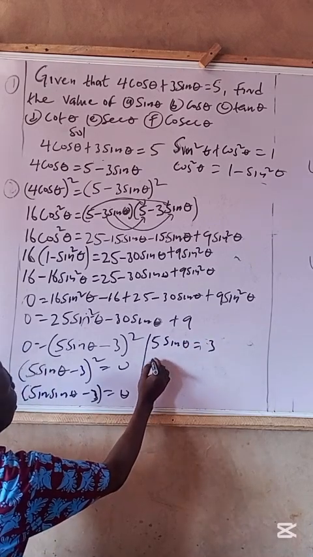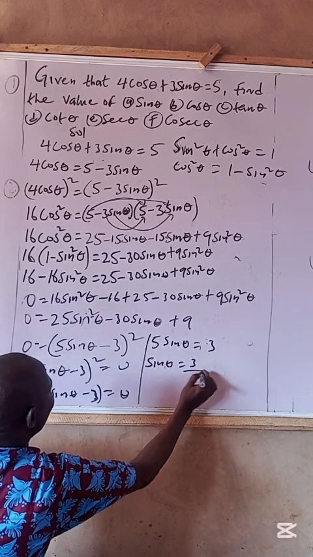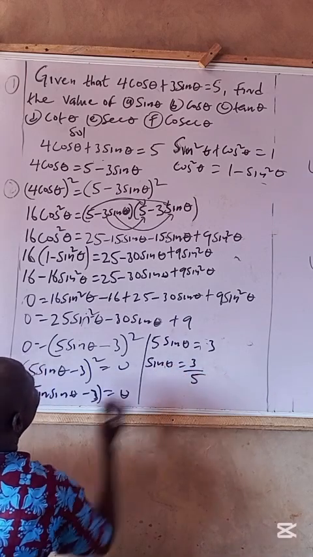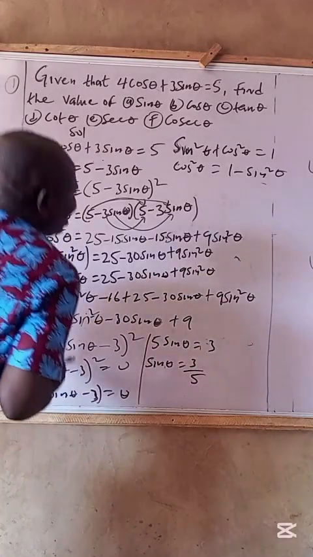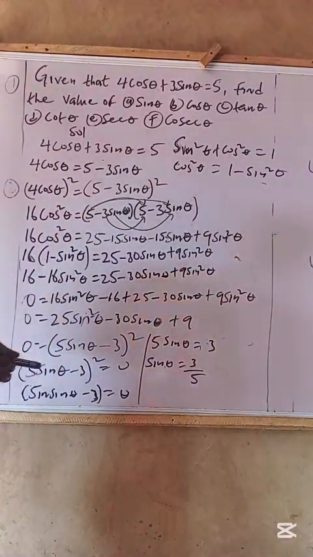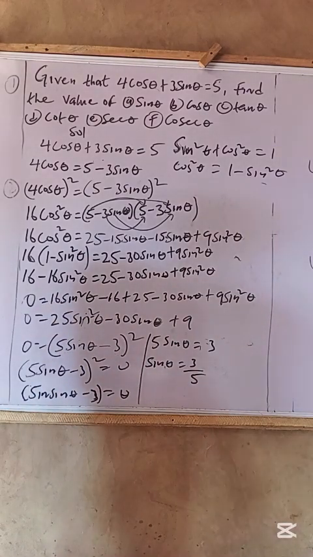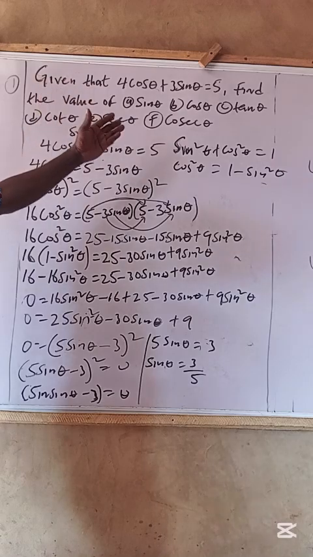That means sin theta is equal to 3 over 5. You can see now that they usually give us questions in this form. We are able to get our sin theta. Then we now find cos theta and tan theta.